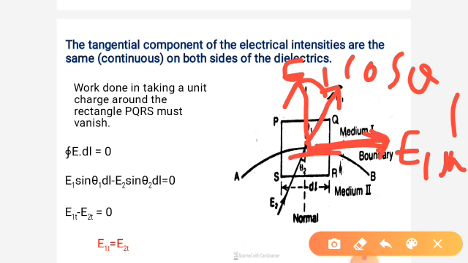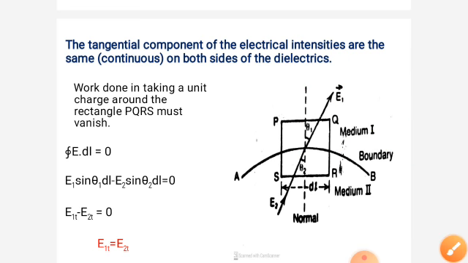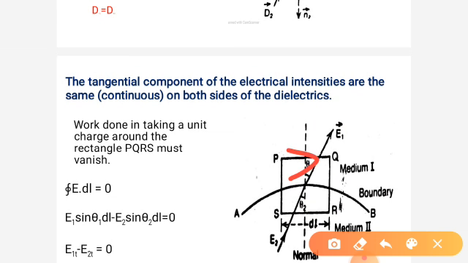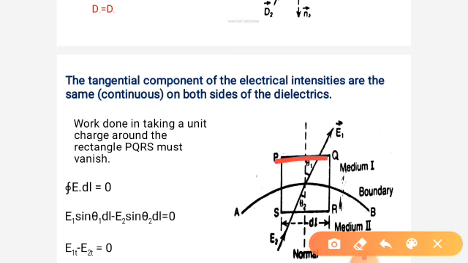So work done in moving like this, we take the tangential component E1 sin theta 1. Here it is in the opposite direction, work done in moving like this. Both are opposite. So E1 sin theta 1 dl minus E2 sin theta 2 dl is equal to 0.